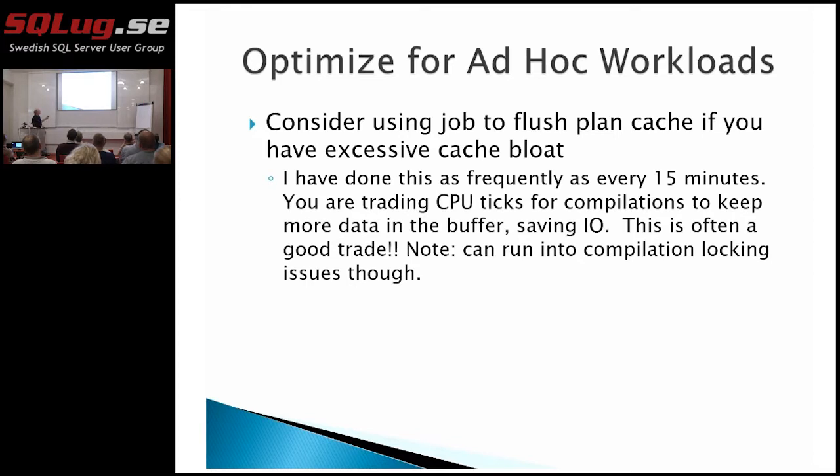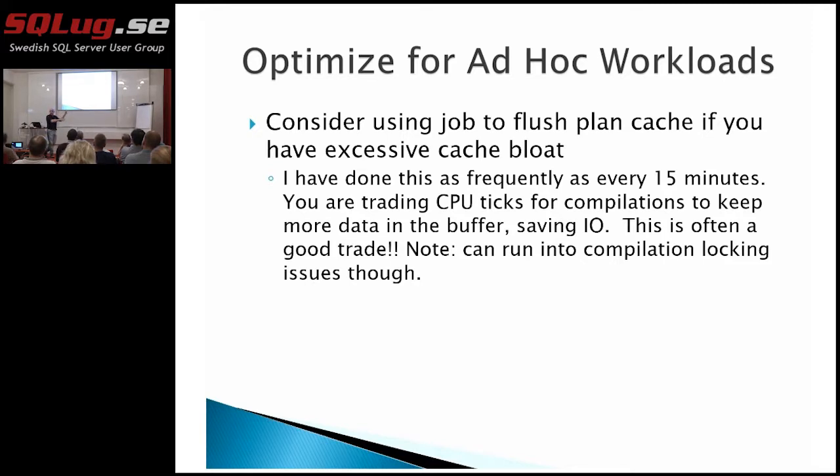On some systems like heavy ORMs that aren't doing parameterized stuff, which is bad, or old systems that do SP cursor things, right? I had an old ADO Classic system. I flushed the plan cache with a sledgehammer every 15 minutes because it would just fill it up and I'd blow it away, and it'd put more stuff in memory and it would steal some pages and I'd blow it away. And I'm trying to do a balance.